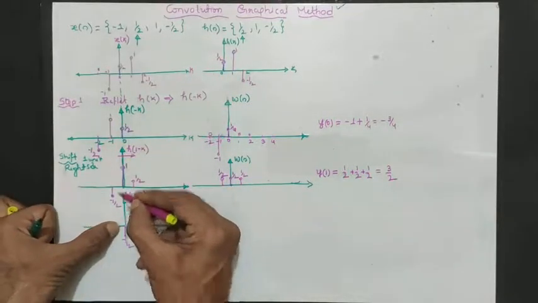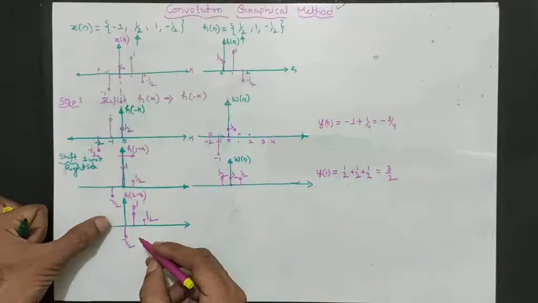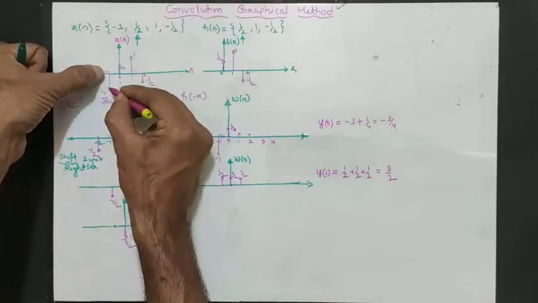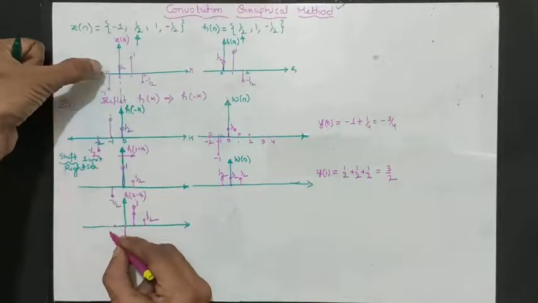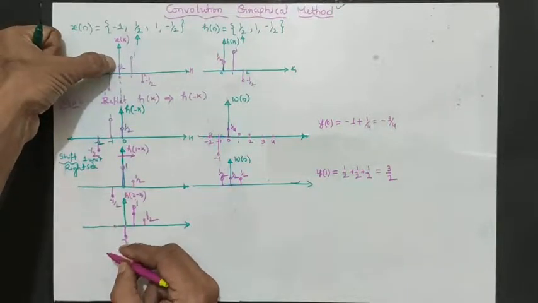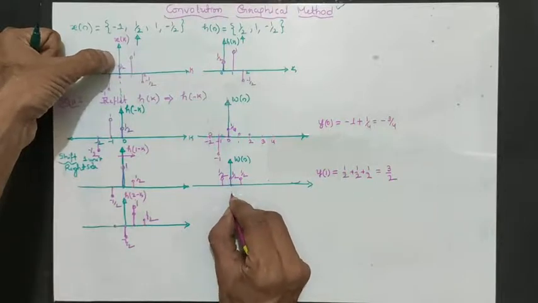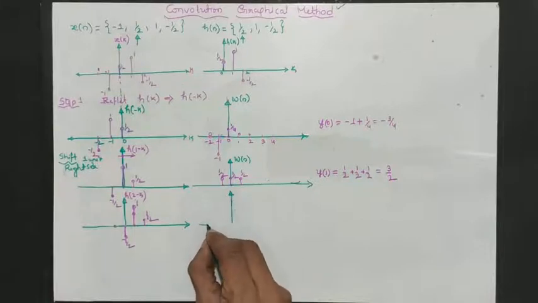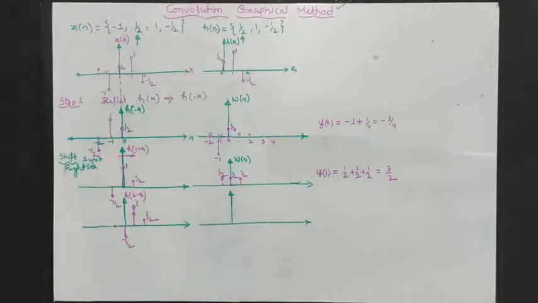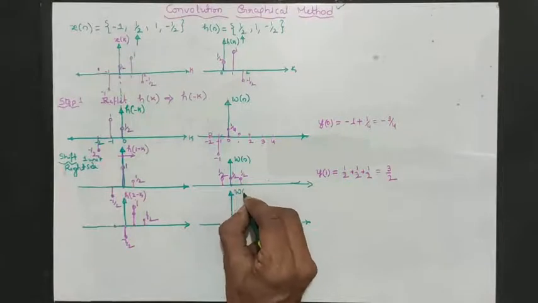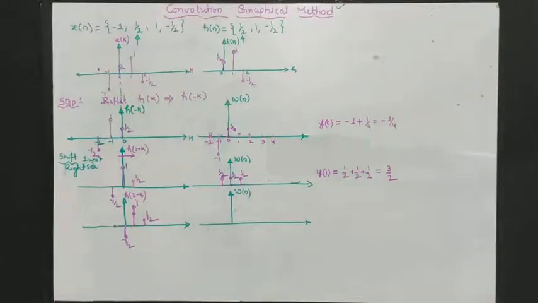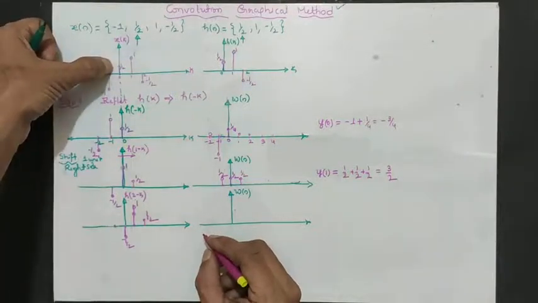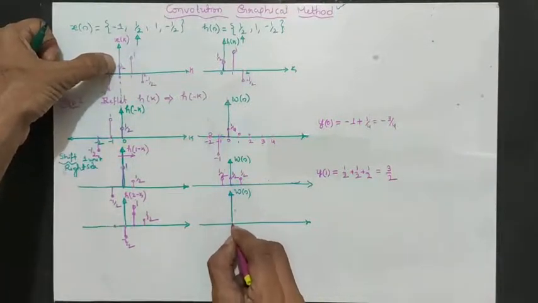Wherever no signal is present the answer is 0, so I will be using only where a signal is there. Now I got the intermediate signal Wn, which will be -half into half, that is -1 by 4.